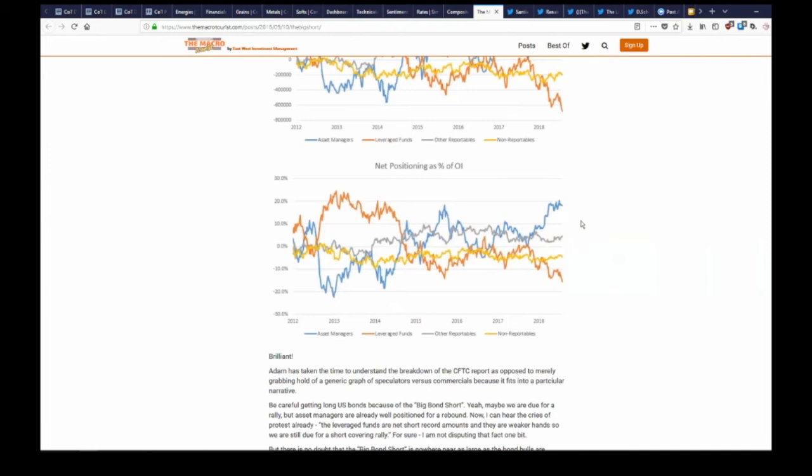A mutual fund that's not levered and is buying 10-year futures, and a highly levered hedge fund that's short 10-year futures. The more leverage you have, the more sensitive you are to short-term price movements. So absolutely, if the 10-year were to rip and yields were to fall, these people would get squeezed. That's a good caveat.